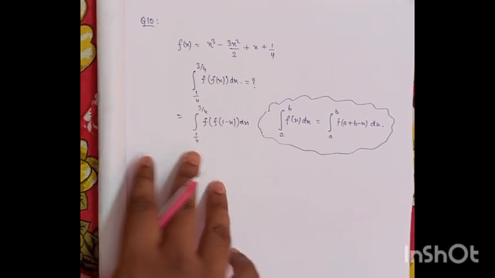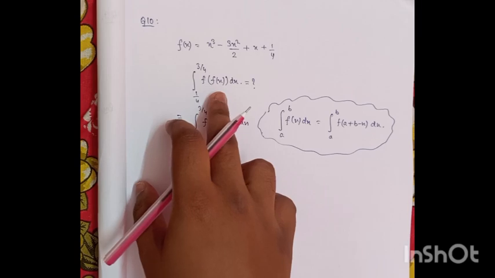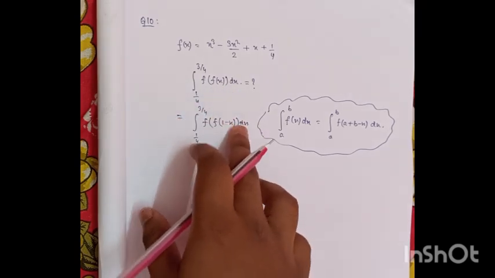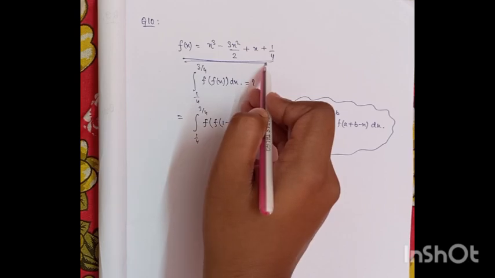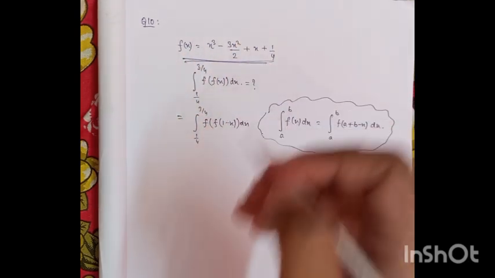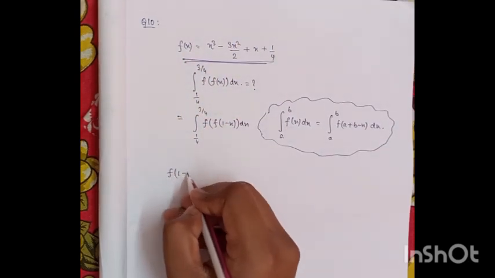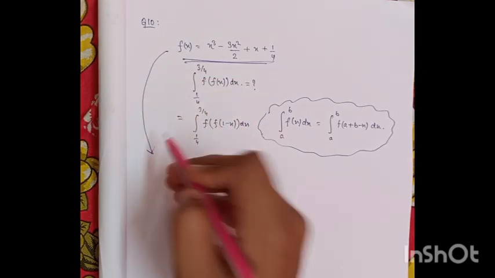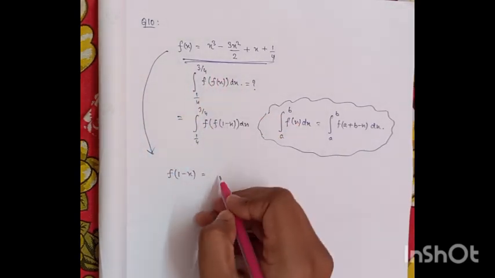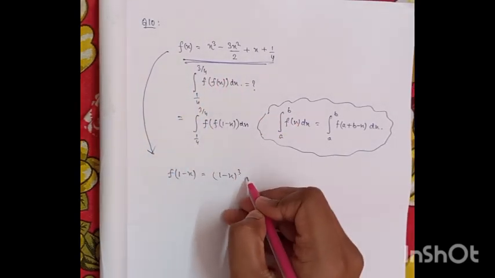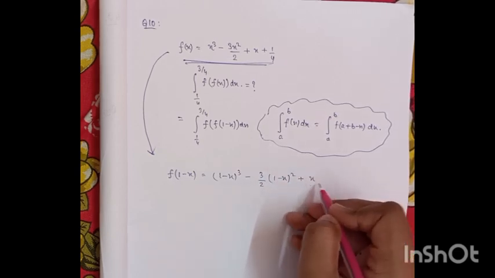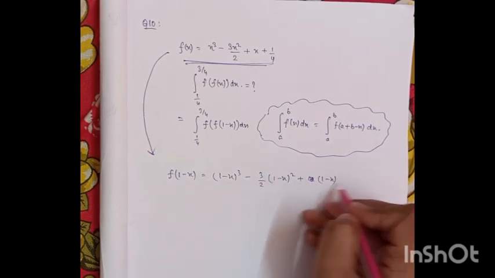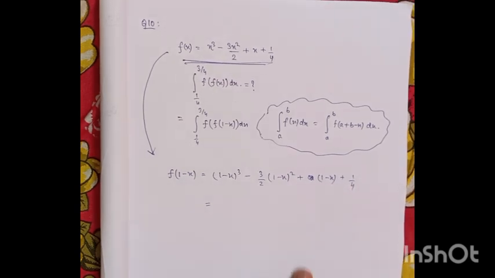Now there must be some relation between f of x and f of 1 minus x. So let us try to observe that relation. Let us put 1 minus x instead of x here. So it becomes (1 minus x) whole cube minus 3 by 2 (1 minus x) whole square plus 1 minus x plus 1 over 4.